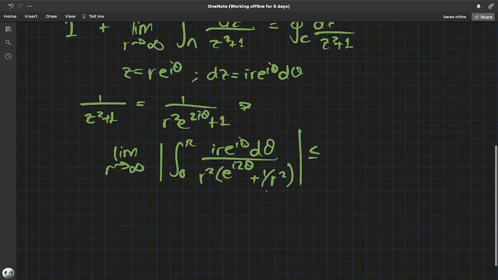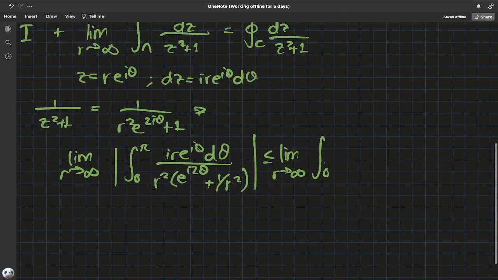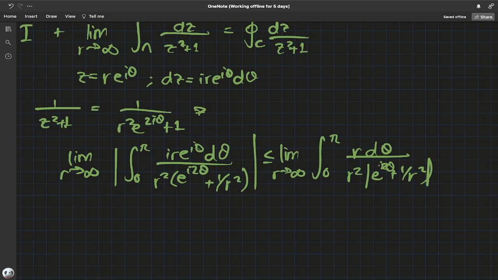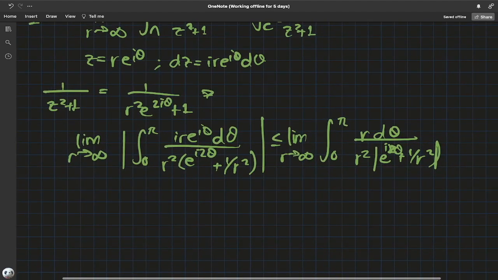This will be less than or equal to the limit as r goes to infinity of the integral from 0 to pi of r d theta over r squared times the magnitude of e to the 2i theta. In the limit, 1 over r squared goes to 0, so we just have e to the 2i theta there, and then we have r over r squared, so we just get an r in the denominator. In the limit as r goes to infinity, this goes to 0.